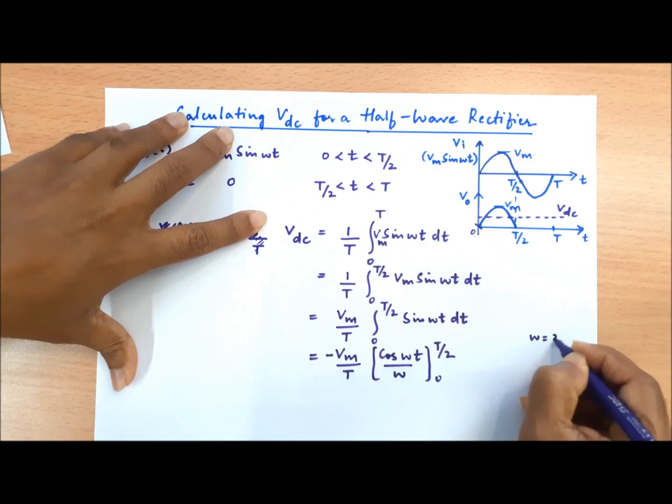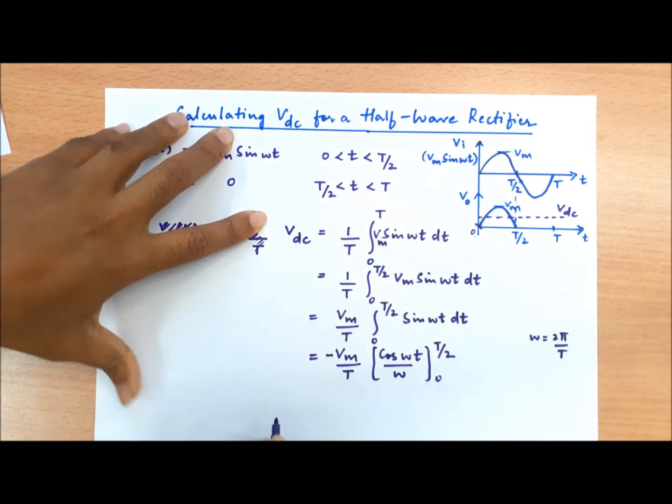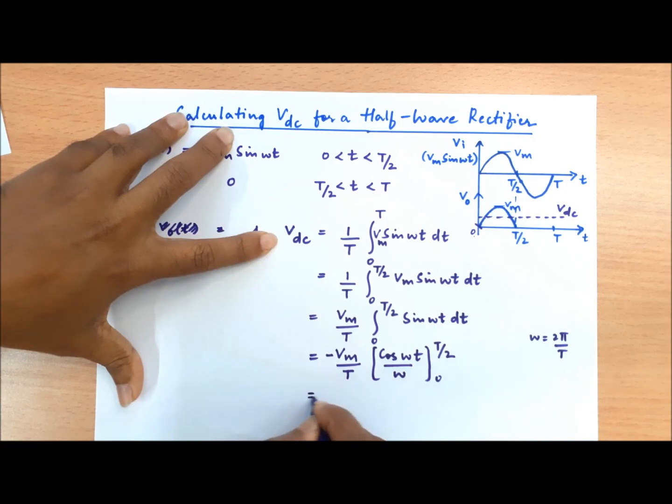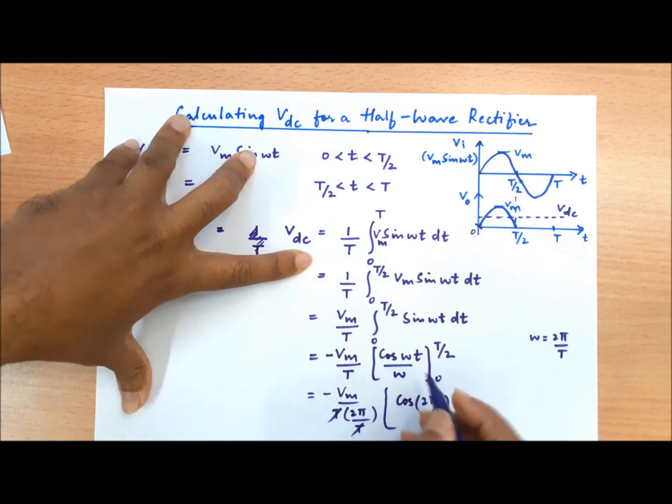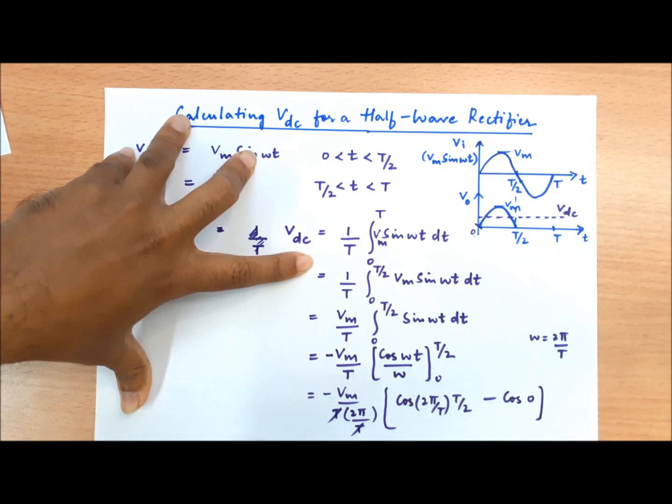Omega is the angular frequency, which can be expressed as 2 pi by T. So if I take it outside, I get minus Vm upon T times T by 2 pi, so T gets cancelled, and in the brackets it will be cos of 2 pi by T, substituting the limit T by 2, minus cos 0. So this is what we will be getting.